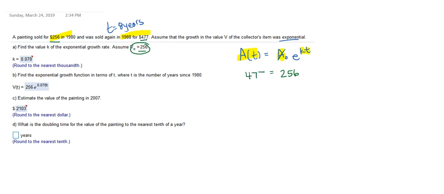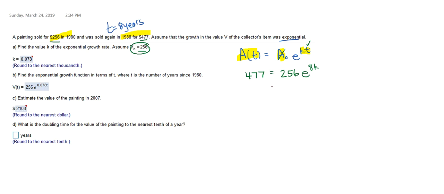So I'm going to put 477 on the left side of the equation. In the exponent, we don't know k, but we do know the time is 8 years. So the exponent for e can be 8k. So in this equation, I have 477 equals 256 times e to the 8k.